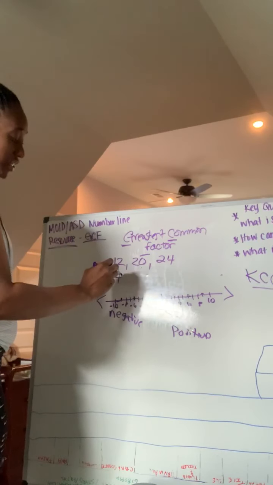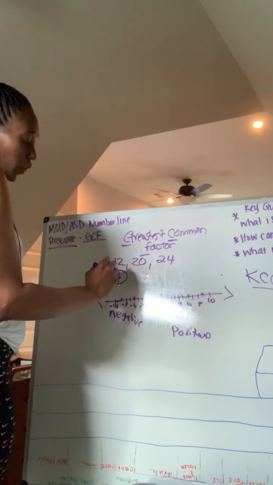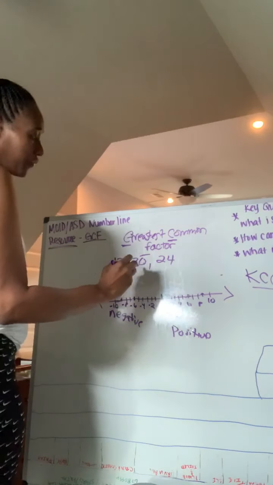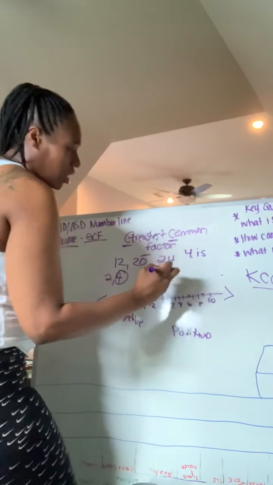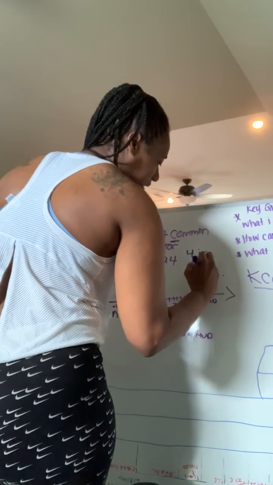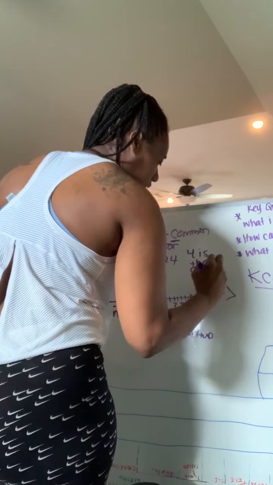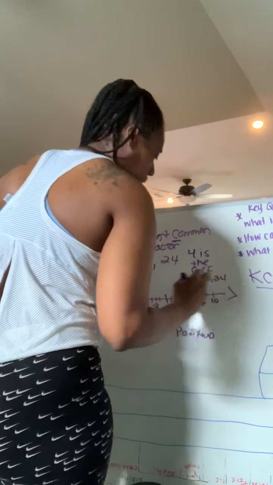So we would say the GCF, the greatest common factor, because 4 is the bigger number, 4 is the GCF of 12, 20, and 24.